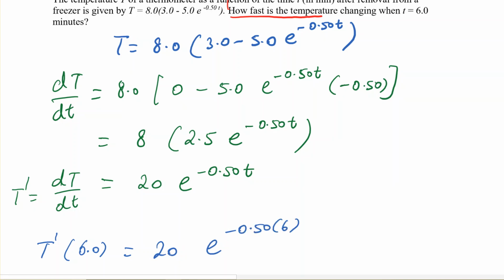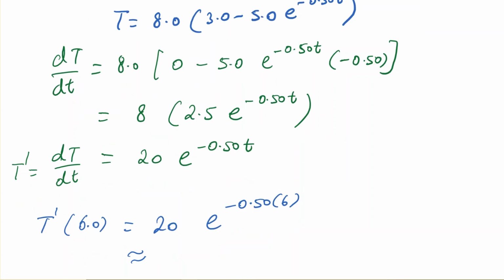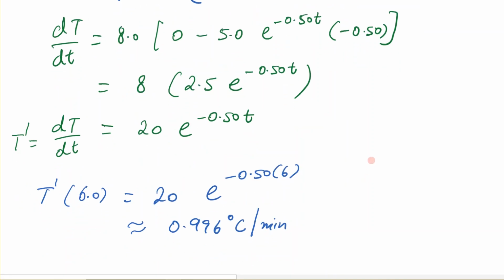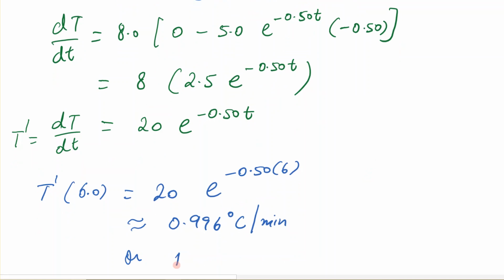And when we solve it, we find that it is approximately 0.996 degrees Celsius per minute. So that is our rate of change, or if you want to give it in the same sig figs as in the question, 1.0 degrees Celsius per minute. So this is the rate of change of temperature.